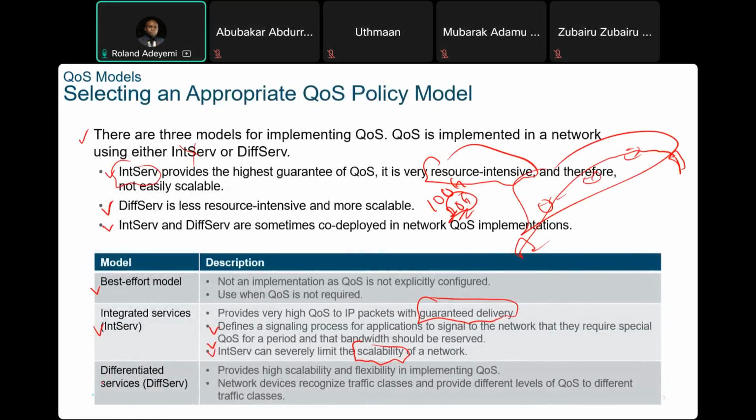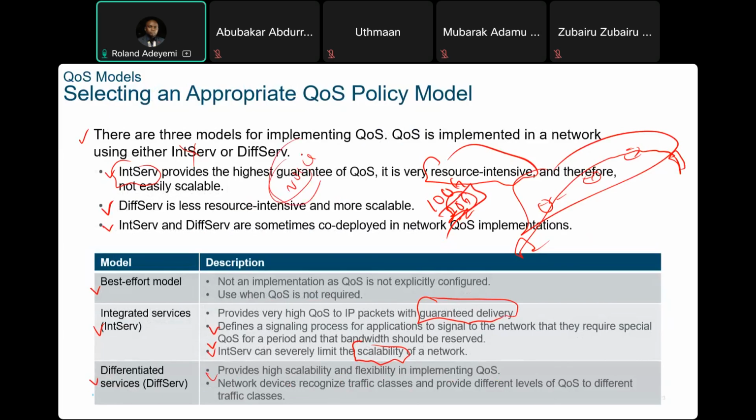Then you have the third one, which is DiffServ, differentiated services. It provides high scalability and flexibility in implementing QoS. Like this 20 gig we reserved for this one, let's say we've decided to leave that 20 gig for voice from source to destination.